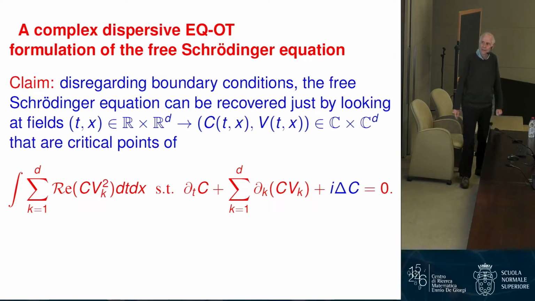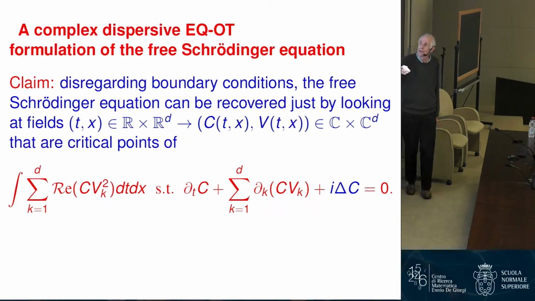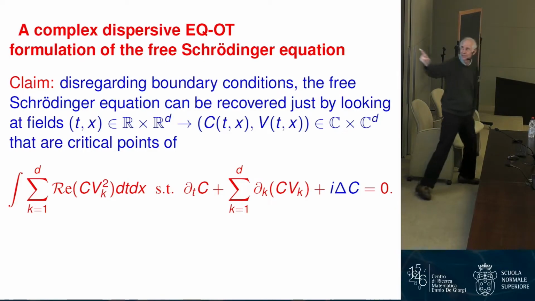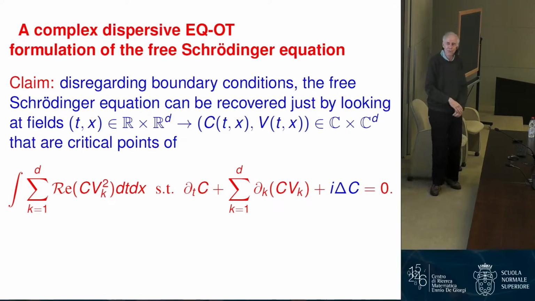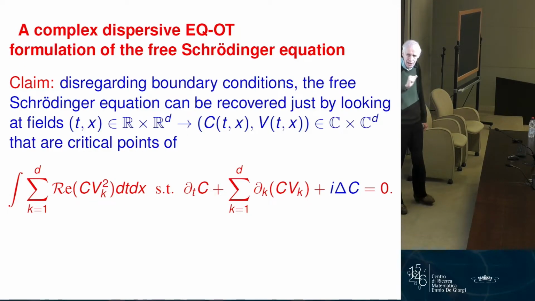So here we are looking for fields which are vector valued, in a higher dimension D, and V is a vector of complex numbers, so it's in C to the D. What we are looking at are critical points of the integral of the sum from k equals 1 to D of the real part of CVk square.